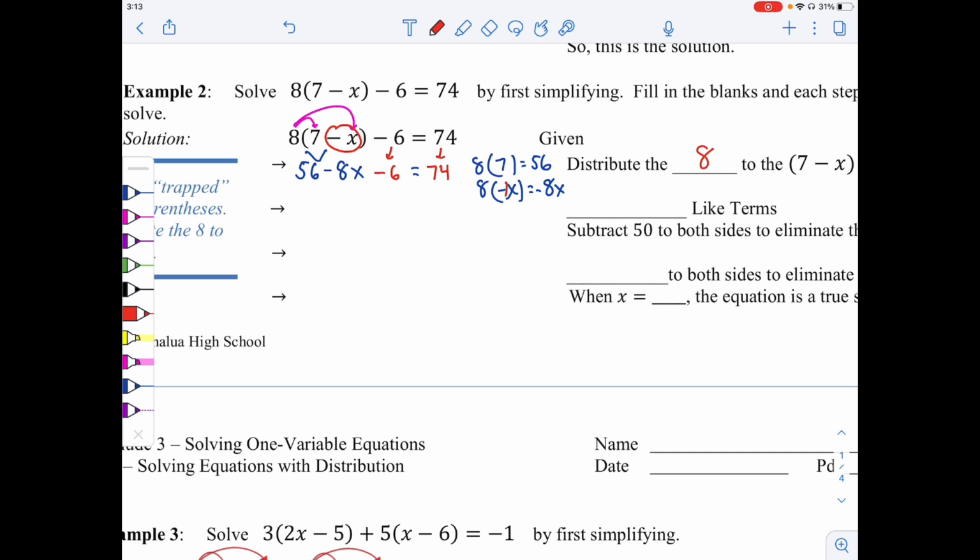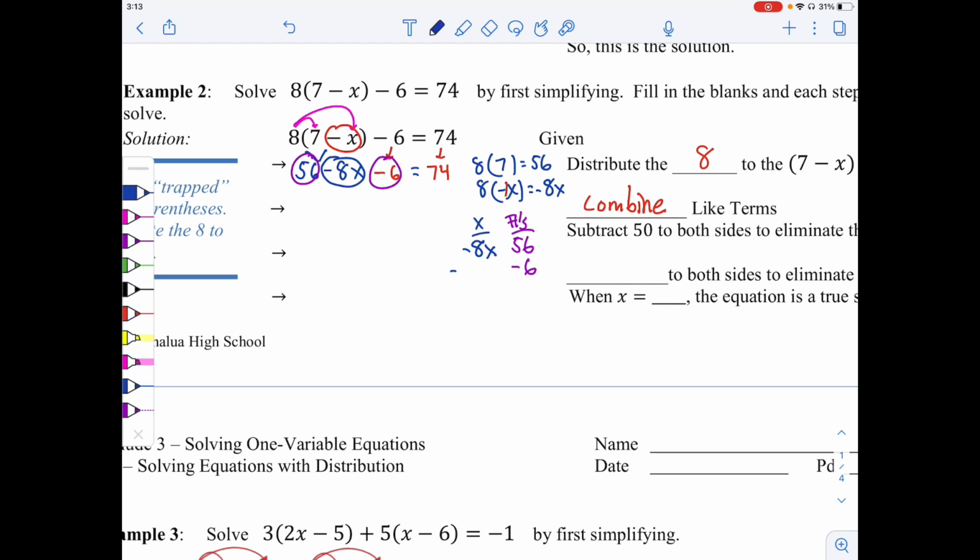Now we have to simplify. We have to combine like terms next. So we distribute, then combine like terms, same as before. We can do columns too: x, and then numbers. Our x value is negative 8x, and our numbers are 56 and negative 6.